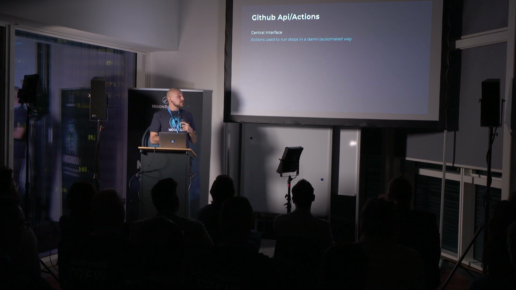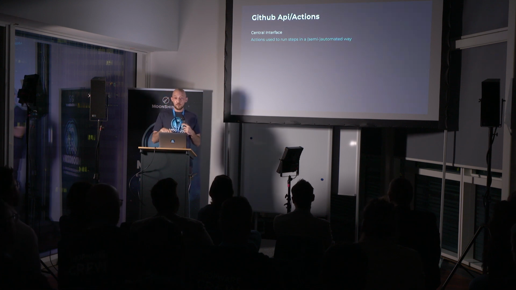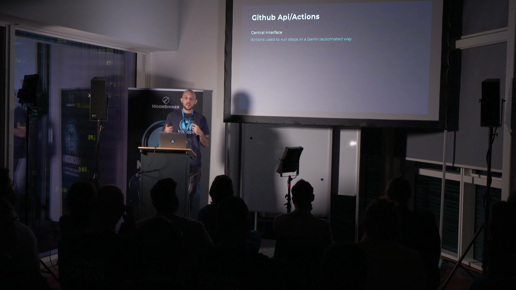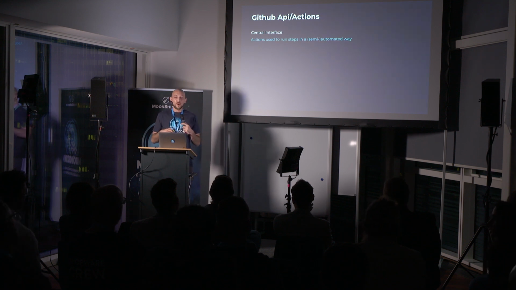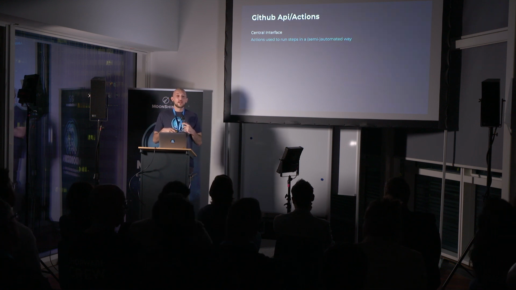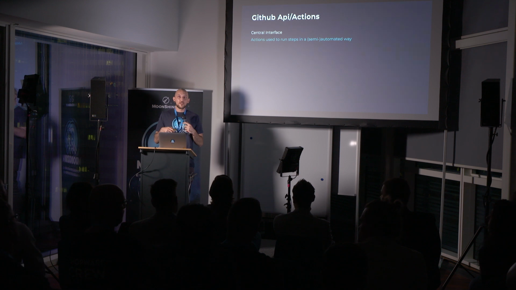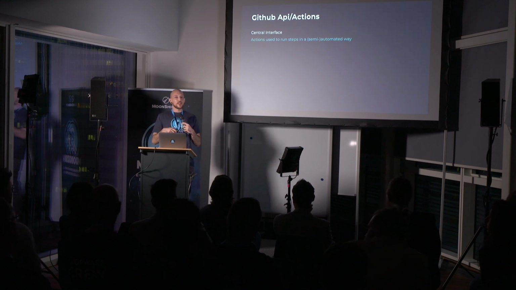So the actions are used to run in a semi-automated way. Often they are triggered on every push. You can do that. I would do that for linting and everything. You can also run the tests on every push. You can trigger them, and you can also run them locally. But one of the reasons you want to run them automated is that your developer doesn't have to know how to run the tests, for example.